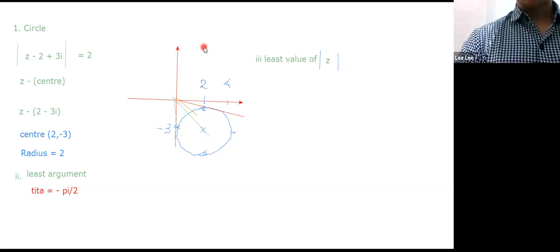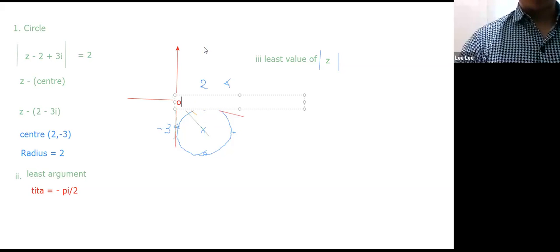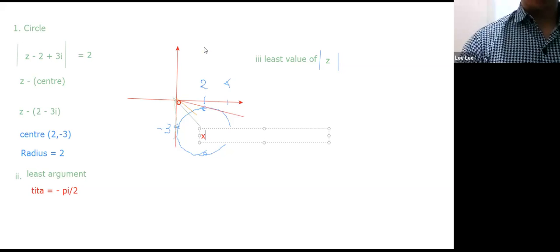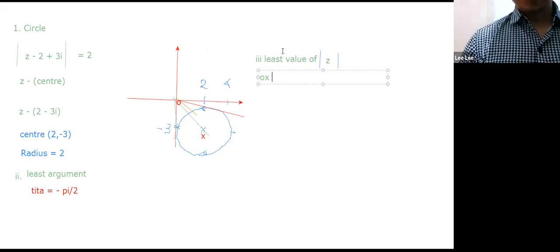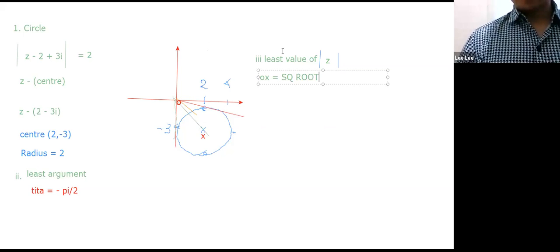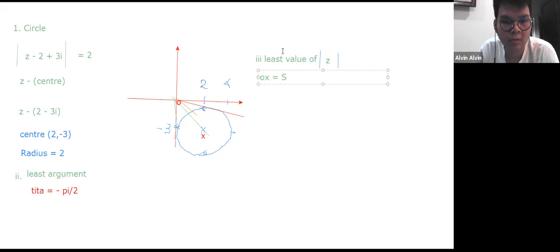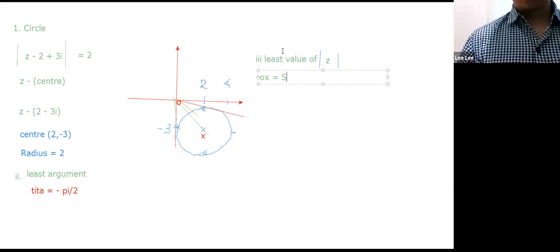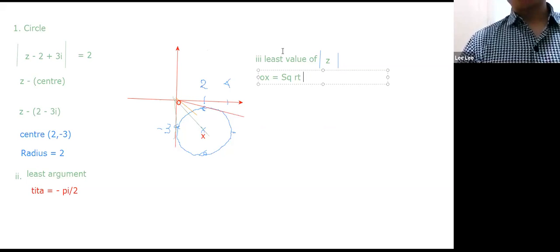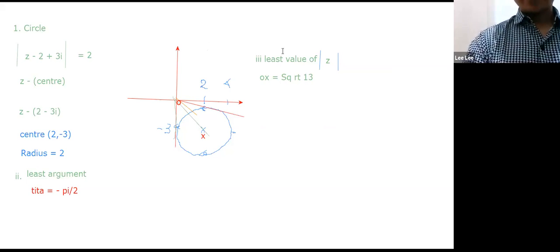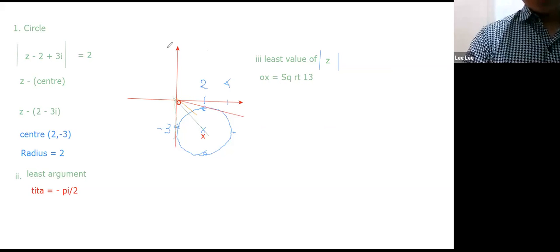So now let's call this coordinate O, for example. This one is X. So what is the length of OX? Square root of what? Square root of 4 plus 9, so square root 13, right? But the length that I'm trying to find is only until here.